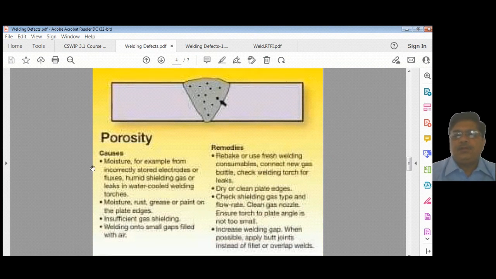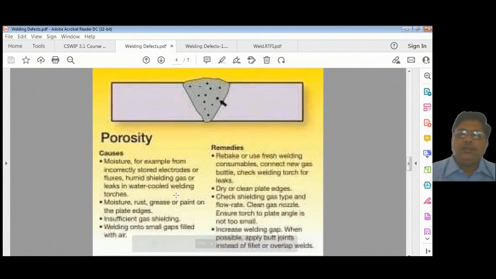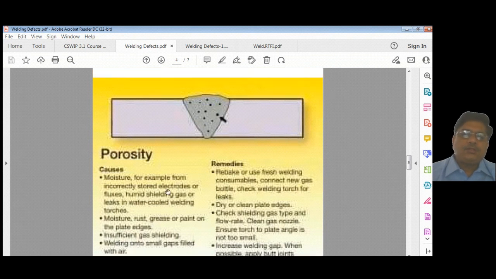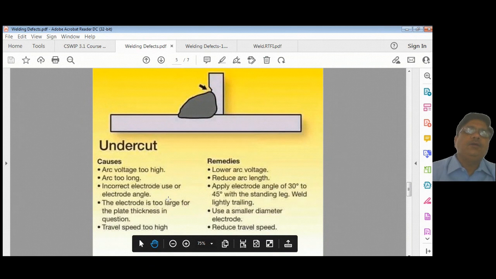Of course you can remedy that by cleaning all those things, giving a very good fit up, and sometimes even cleaning the bevel. Also you can protect your shielding gas by proper barricading with tarpaulin. Basically you have to cover the welding properly, because air can cause that problem.